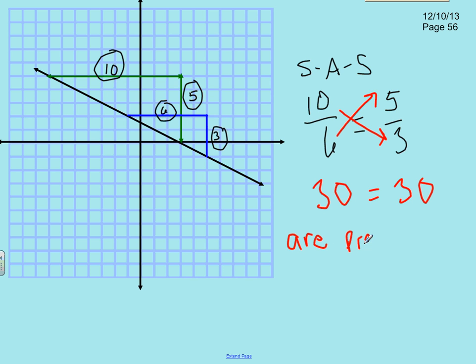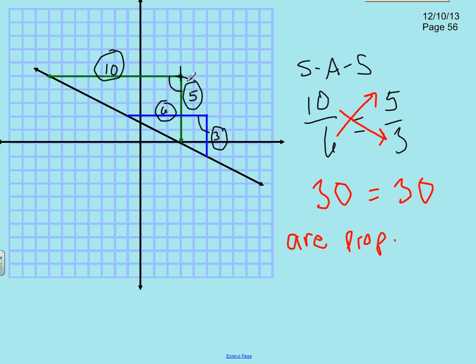Okay? They are proportional. Now, the other part of the side angle side theorem says that the angle in between those sides has to be equal. So I'm talking about this angle here and this angle here. And there's something I want you to notice about these angles. When I make this triangle from my horizontal line and my vertical line, these two sides are perpendicular to each other.